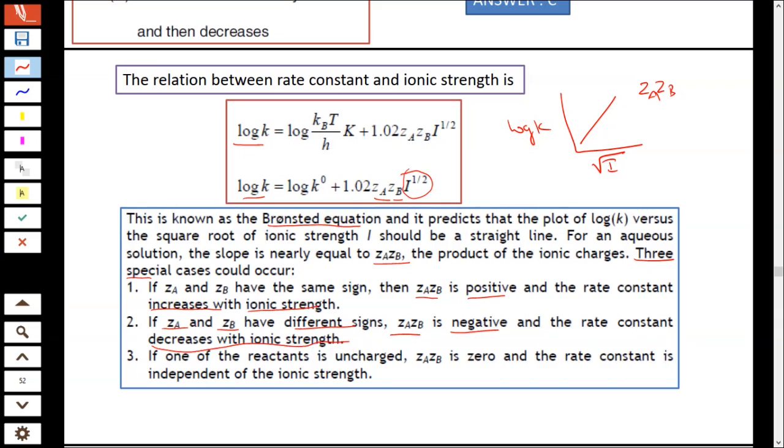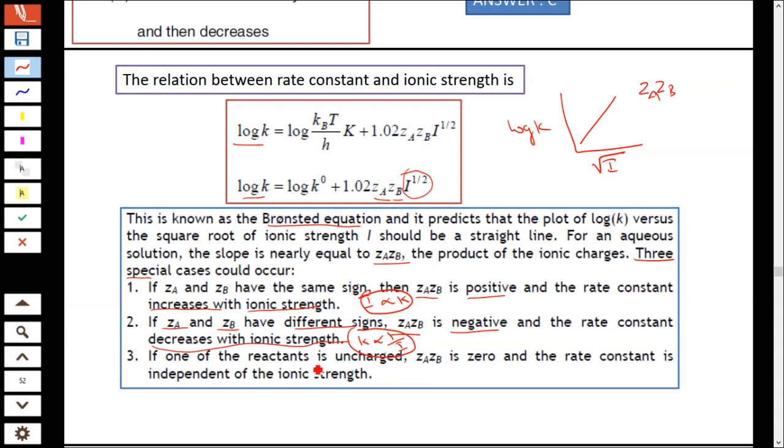You have to remember this one. Here in the first option, the ionic strength is directly proportional to rate constant. That is, if rate constant increases, ionic strength also increases. In the second option, the rate constant is inversely proportional to ionic strength. If rate constant increases, the ionic strength decreases.